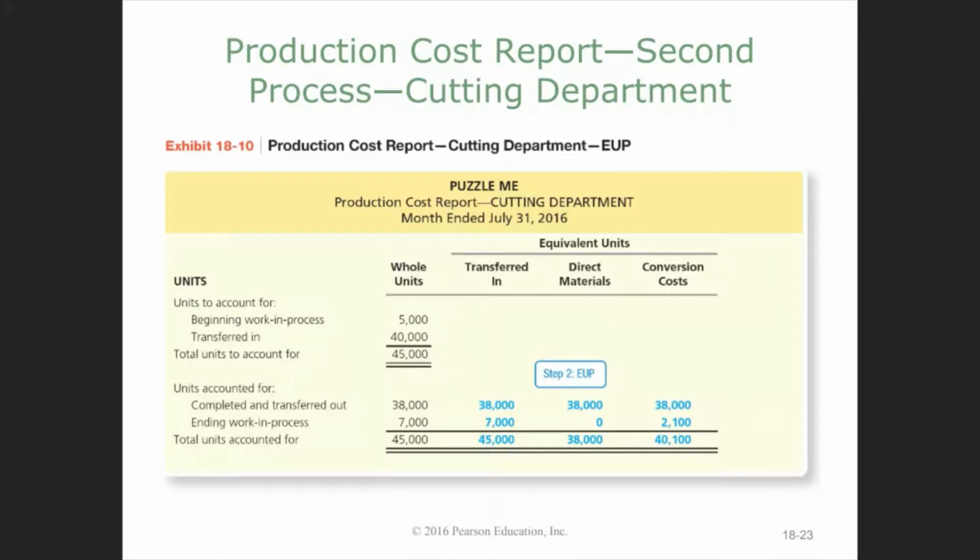So we are, again, 38,000 completed and transferred out is that 38,000 for conversion cost. And then for our ending work in process, we've got the 2,100. And so that's going to bring us to 40,100 for total units accounted for.